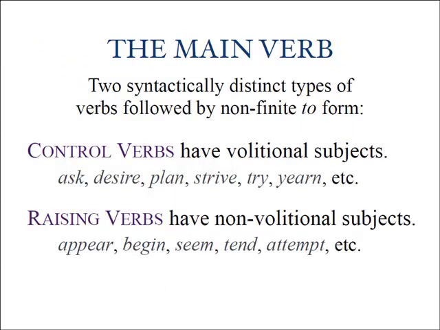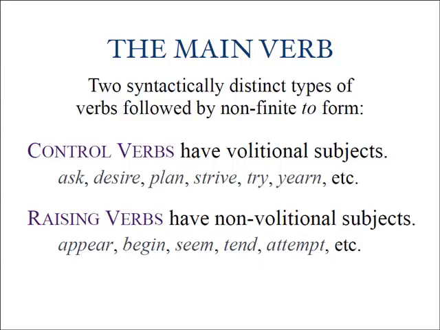Okay, so when we have these verbs that are followed by an embedded to form, so non-finite to form, we traditionally in syntax divide these into two categories. We call them control verbs and raising verbs. It doesn't matter where these names come from.